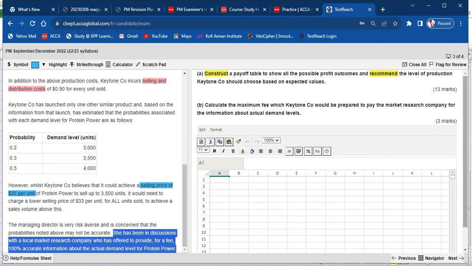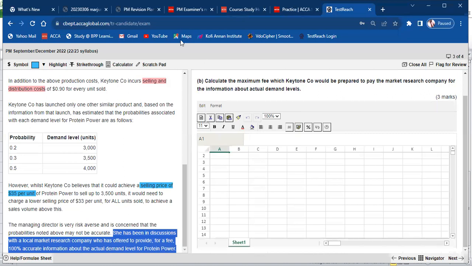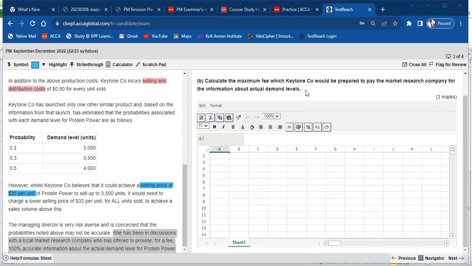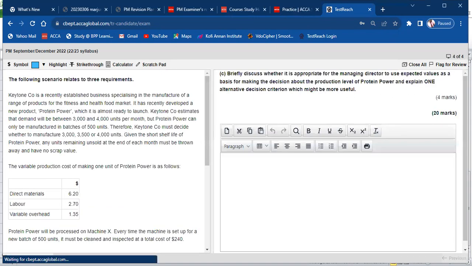13 plus 3, 16. 16 plus 4: briefly discuss whether it is appropriate for the MD to use expected values as a basis for making the decision about the production level of Protein Co, and explain one alternative decision criterion which might be more useful.